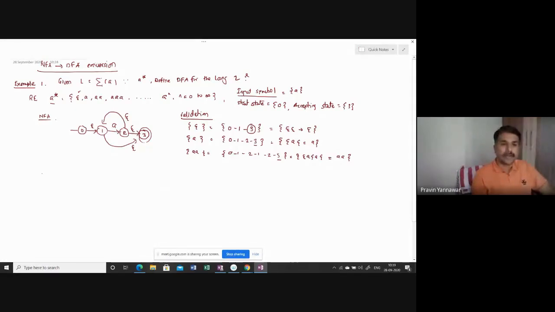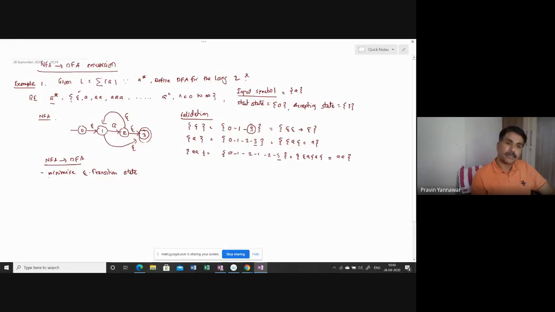Whenever we are converting NFA to DFA, the important key pointers are that we need to minimize the epsilon transition states.